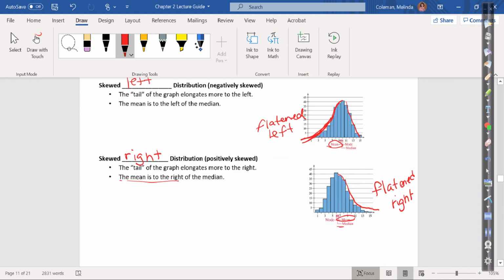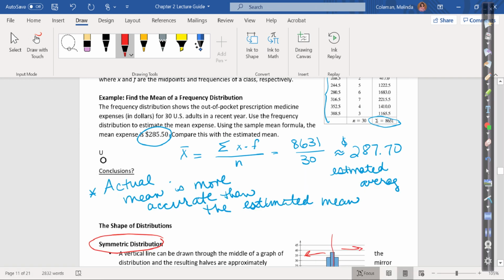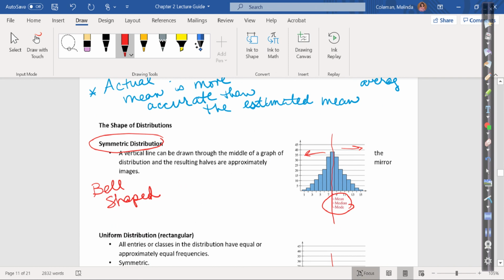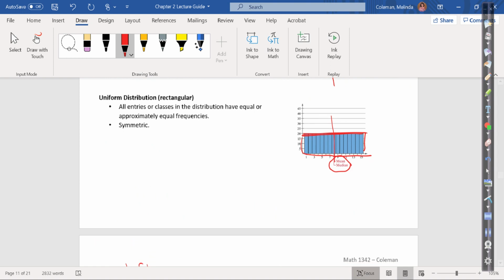All right. One last thing I do want to show you, and that's how to use your calculator to find mean, median, and mode.